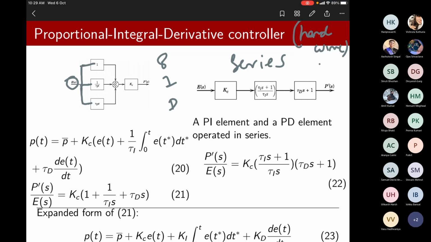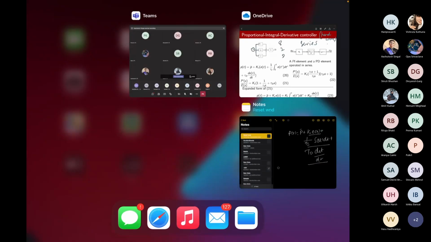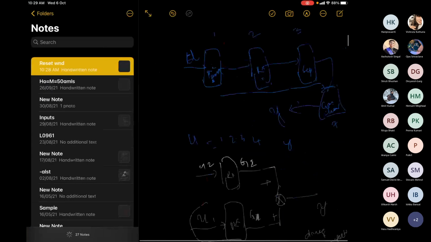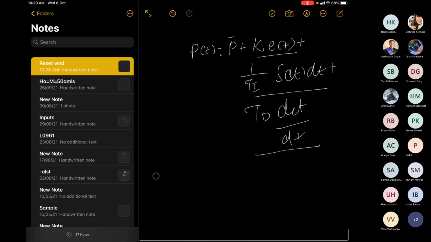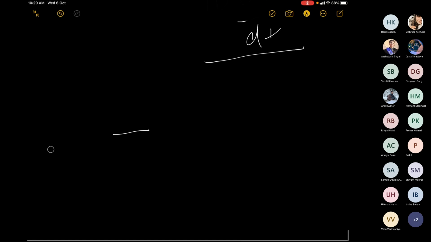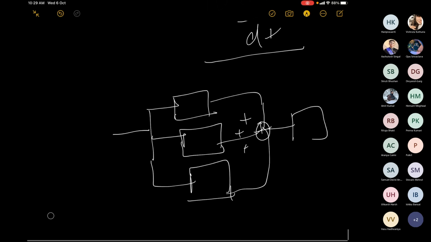So the way it is generally technically implemented would be to take the error, feed into the P block, take the error, feed into the I block, take the error, feed into the derivative block, combine everything, plus, and add.